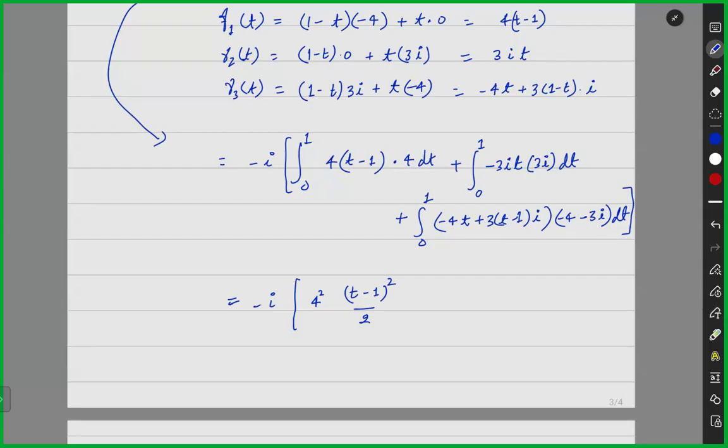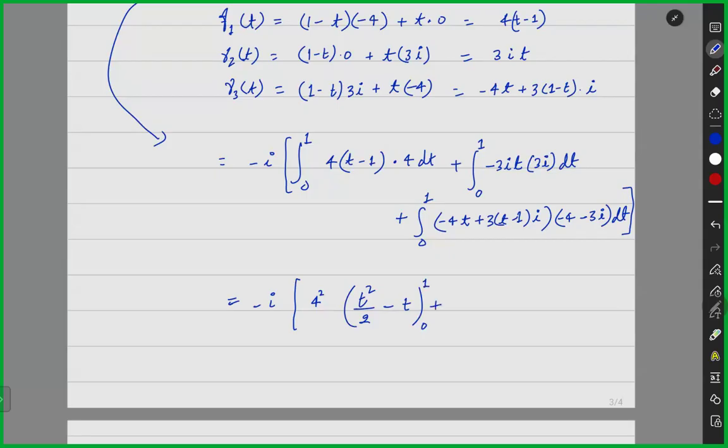There is still error, right? So yeah, t square by 2 we can write in first place, and then t square by 2 is the integral for t, and for minus 1 we will have just minus t. The integral is from 0 to 1, so we can write this plus.